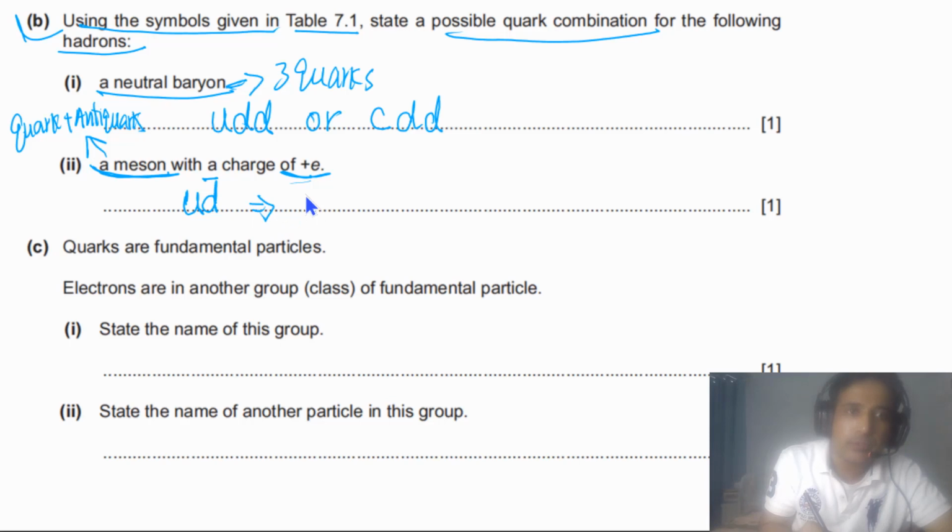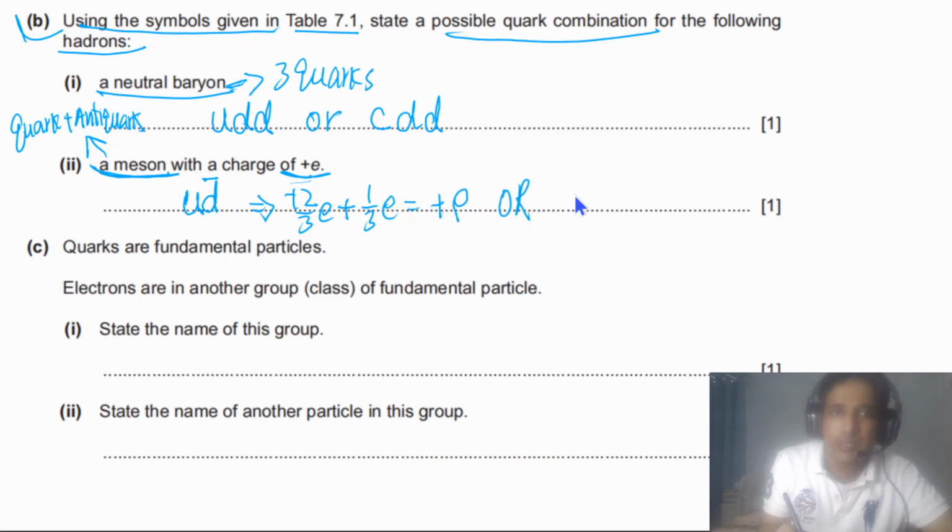So we can say we have charge plus 2 by 3E plus we have 1 by 3E. So this is equal to plus E. We can also say we have one charm quark and we add one down antiquark. The total charge on this meson is also equal to plus E.